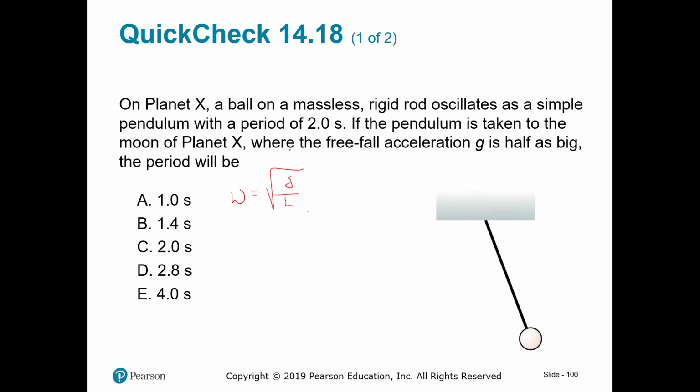Right? And then it says, you remove the planet, acceleration is half, right? So you have to express this omega in terms of a period first. Omega period relationship, omega is 2 pi over T, right?